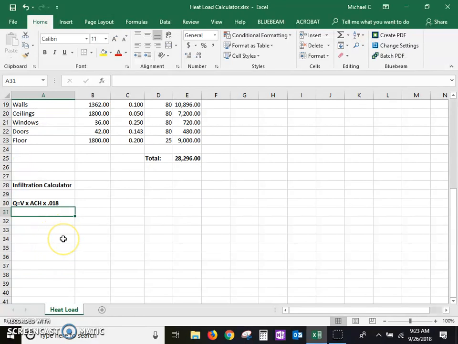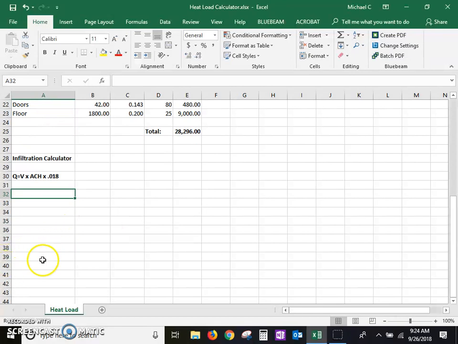So what we're going to do is we're going to assess a house based on a couple different items here. Let me leave myself some space.